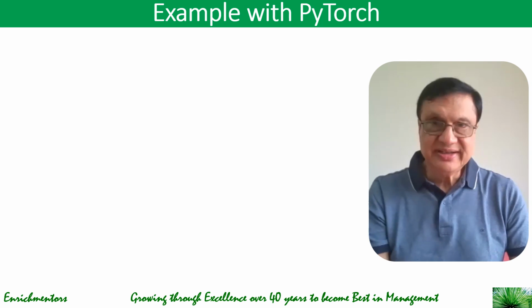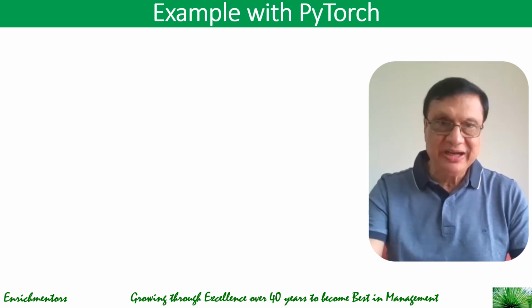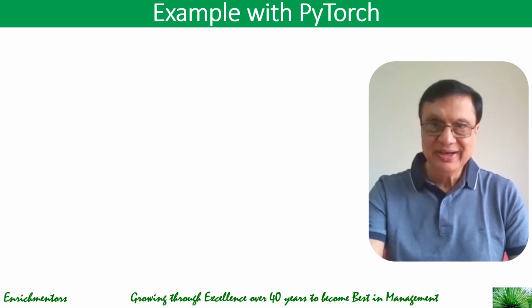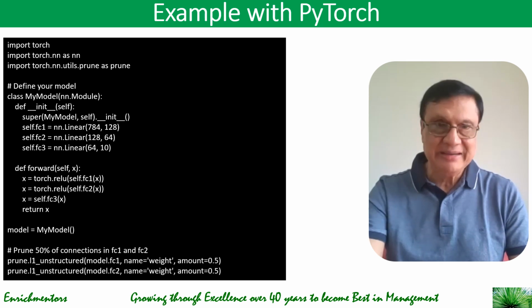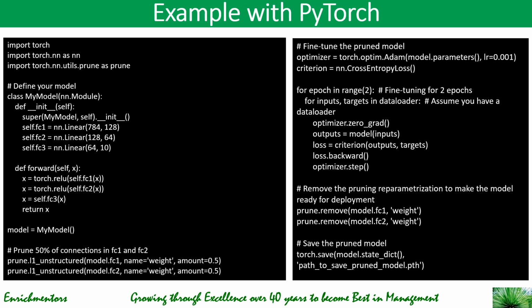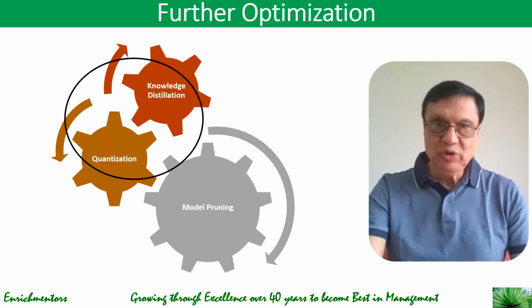And here is the example with PyTorch. In PyTorch, pruning can be done using the torch.nn.utils.prune module. And here is a simple example of the code given here that you can use to do the pruning. So what do you do after that?